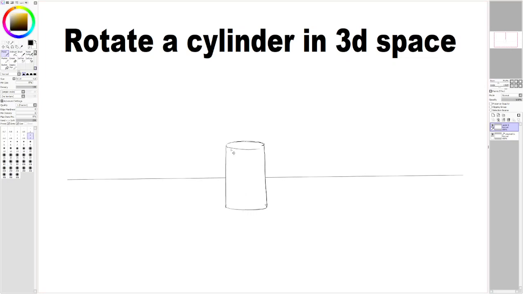This is just to show that I kind of turned it into a partial ellipse. It's to show that this sits above us, and this ellipse sits below us, and our eye level is right in this area because it's the horizon. So that's how the cylinder sits in 3D space.